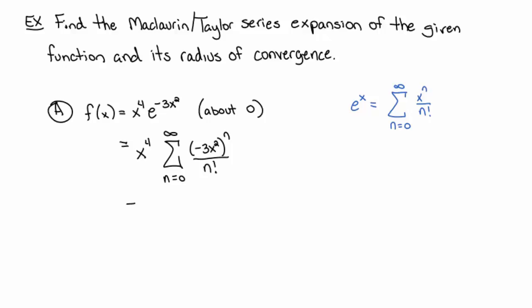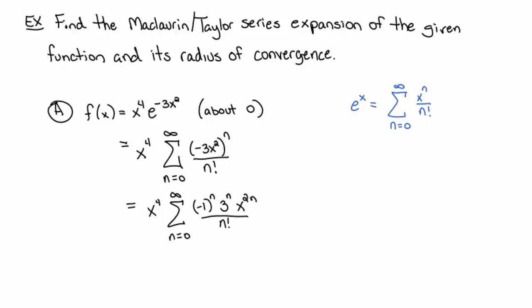Generally speaking, we don't like to leave it like that. So what I'm going to do is first clean up the interior of the sum. And so this will be negative 1 to the nth, 3 to the nth, x to the 2n over n factorial. I know that looks worse, actually, but it is not.